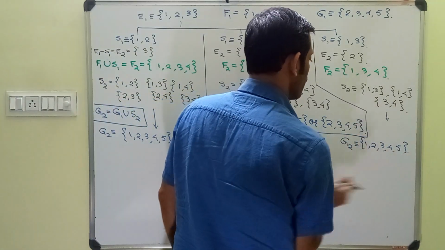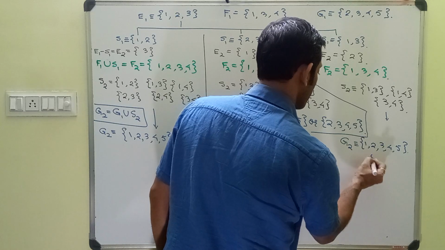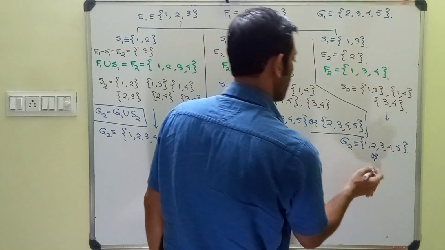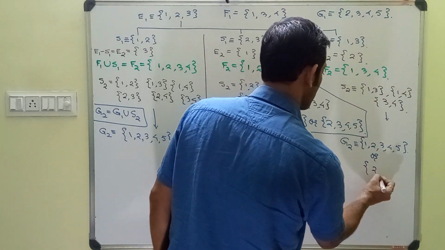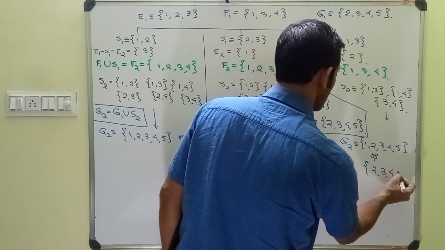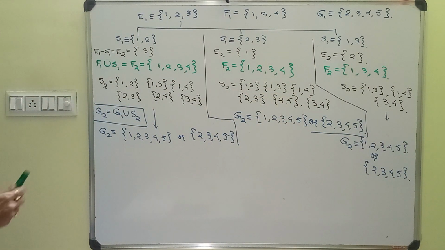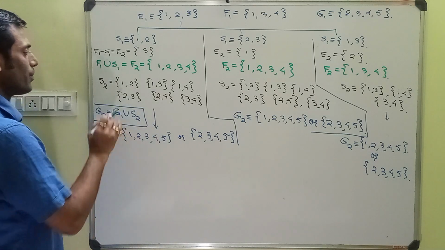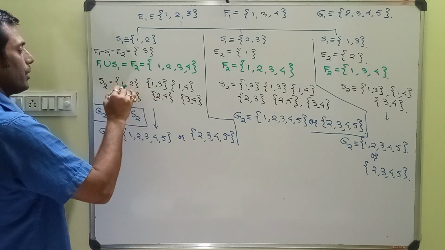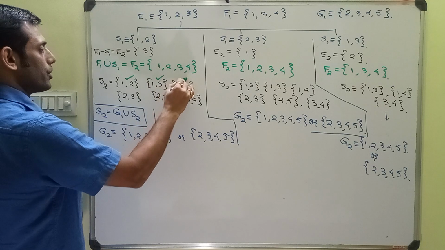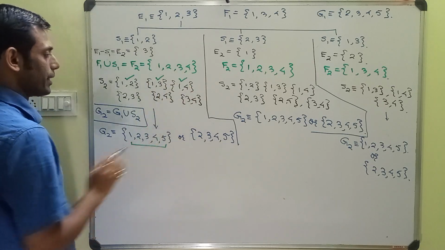Whereas with 3 and 4, it can simply remain as the set of G1, that is 2, 3, 4 and 5. Let me make a note for you that this one and this one form this set.